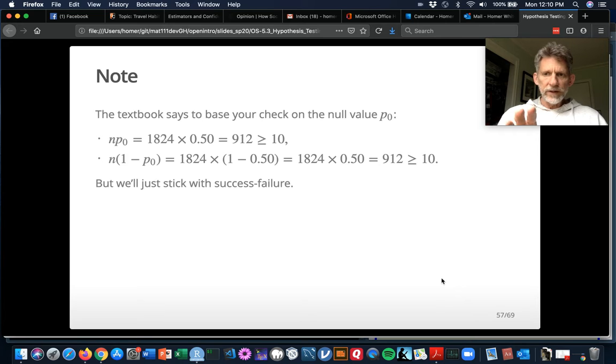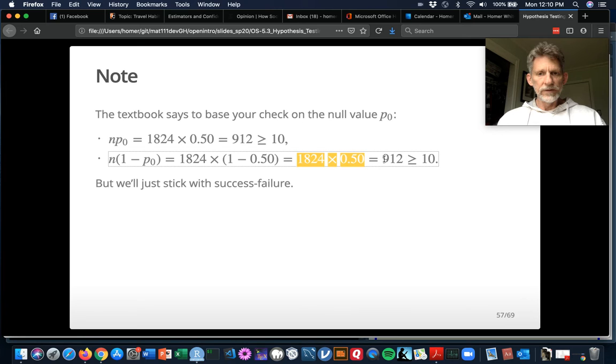Just want to make a quick note here. The textbook says that you ought to base your check of the success failure condition using the null value p naught. And so if you did do it that way, the expected number of successes would be the n times 0.5, which is, of course, bigger than 10. The expected number of failures would be the sample size times 1 minus the p naught.